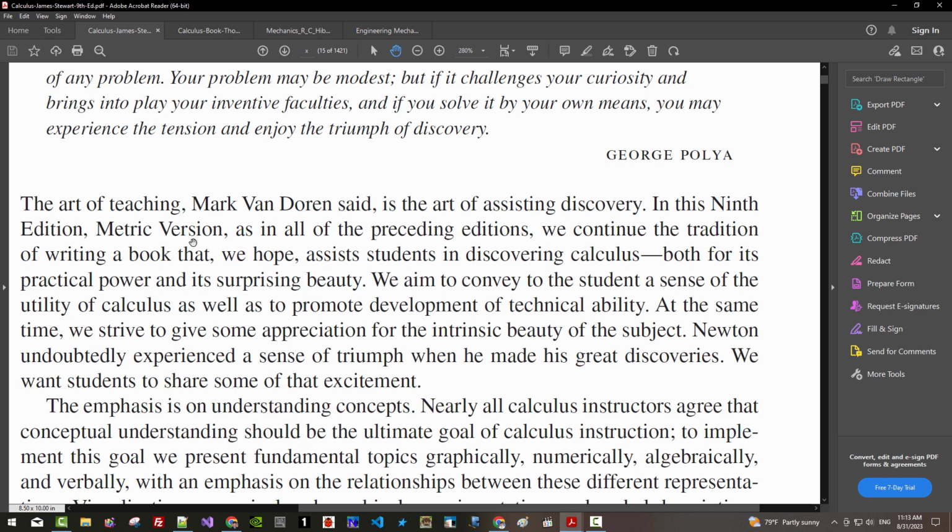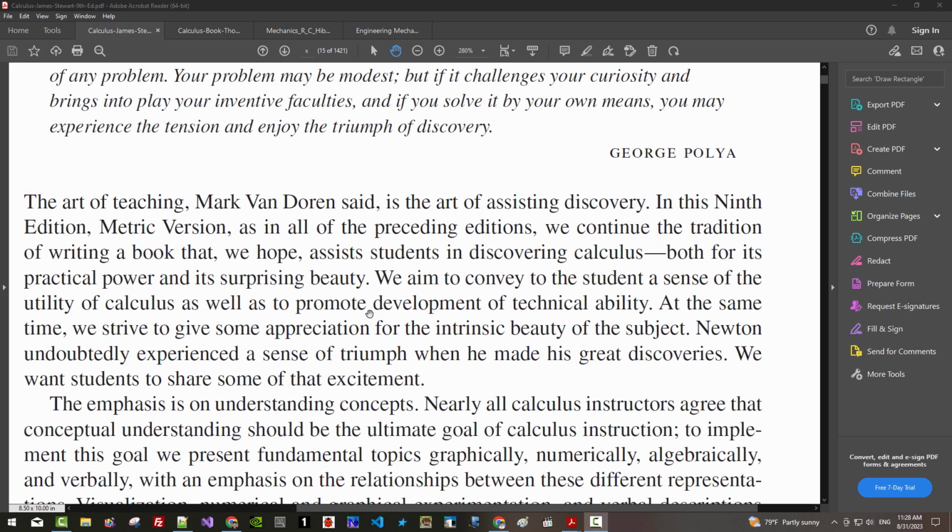In this 9th edition metric version, as in all of the preceding editions, we continue the tradition of writing a book that we hope assists students in discovering calculus for both its practical power and its surprising beauty. We aim to convey to the students a sense of utility of calculus as well as to promote development of technical ability.